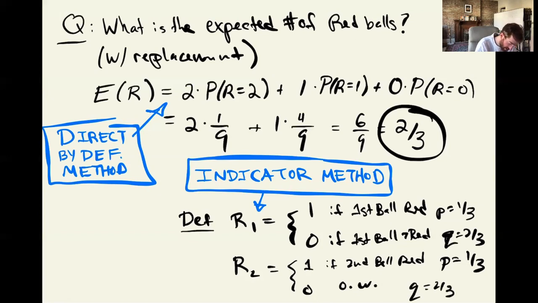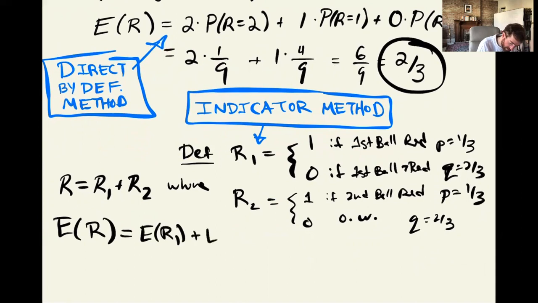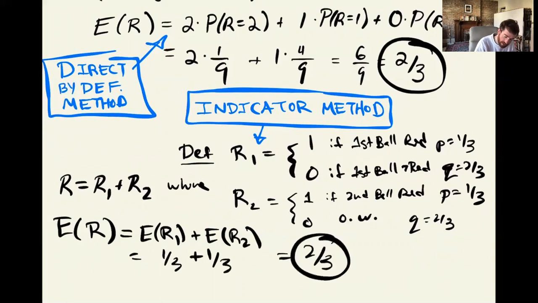And so then the observation is that the number of red balls is the sum of these two indicators. And so if I use linearity of expectation, I can just say that it's the same thing as the expectation of R1 plus the expectation of R2, which is 1/3 plus 1/3, which equals 2/3. And so now we've checked these 2 ways, 2/3 and 2/3.